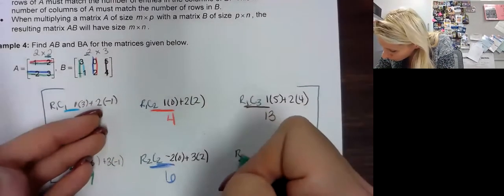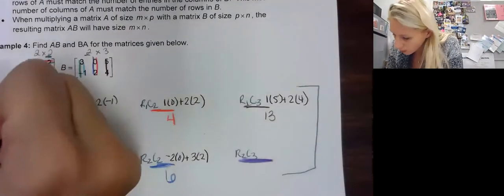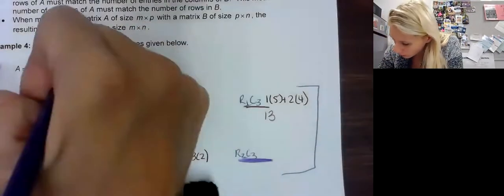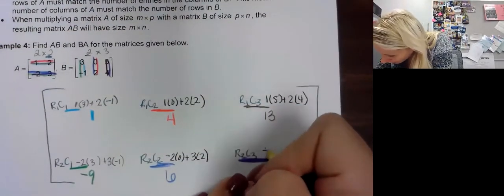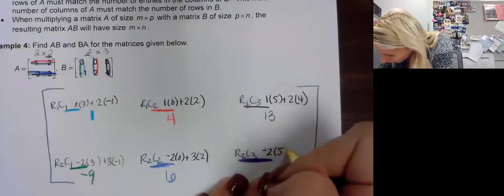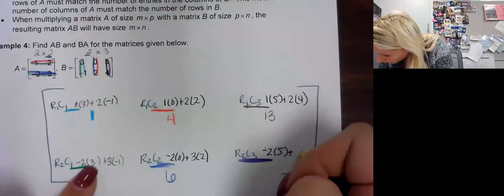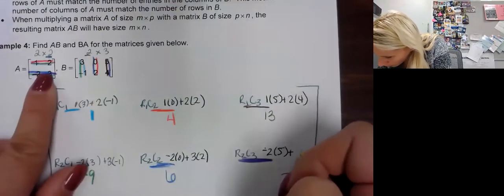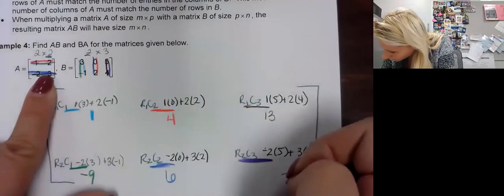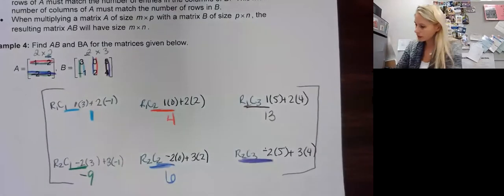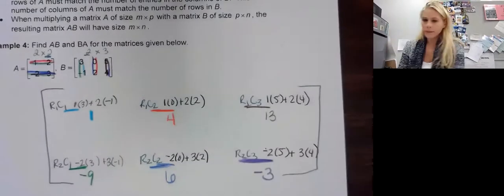Row 2, column 3. In purple. Row 2, column 3. So this is -2 times 5 plus 3 times 4. Okay, so that's -10 and 7 is -3.